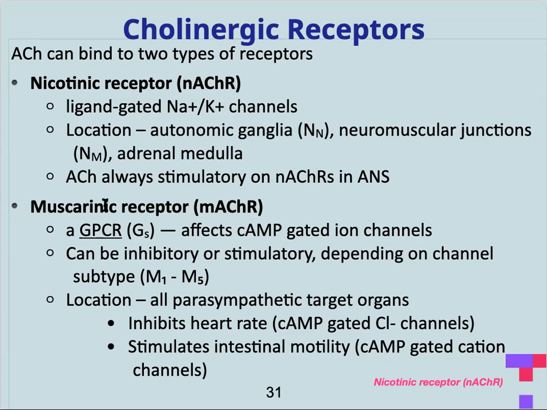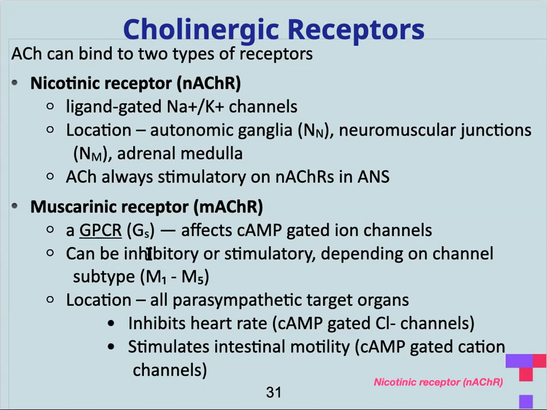Muscarinic receptors, this flavor of cholinergic receptors, are a bit more variable. Instead of being ionotropic receptors, these are actually metabotropic receptors that carry out their actions through the GPCR pathway, so through affecting cyclic AMP gated ion channels.